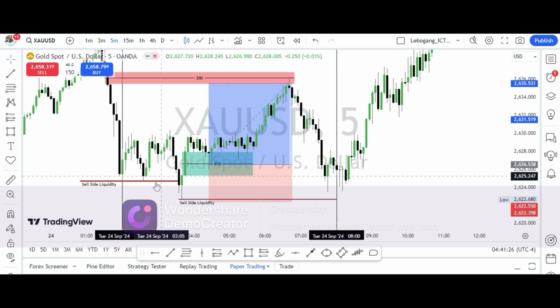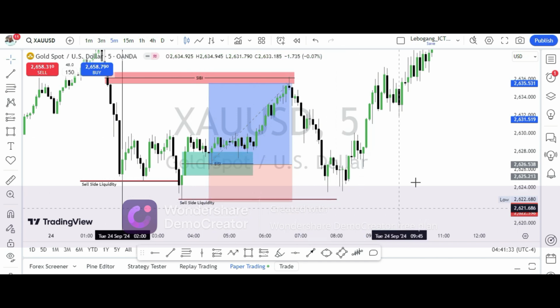Sorry about that, guys. Relatively equal low is our sell side. I'm going to remove this one to see something. Yeah, our sell side.